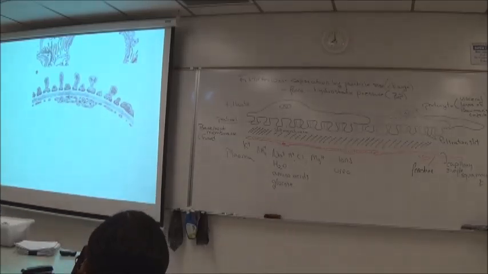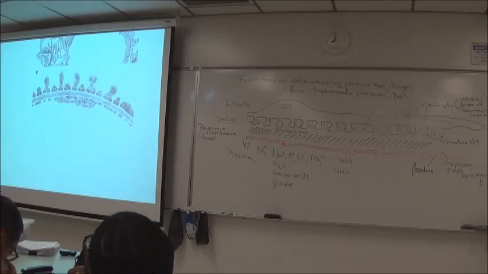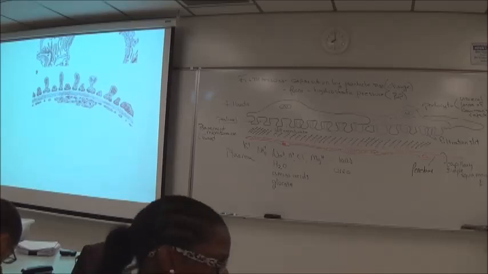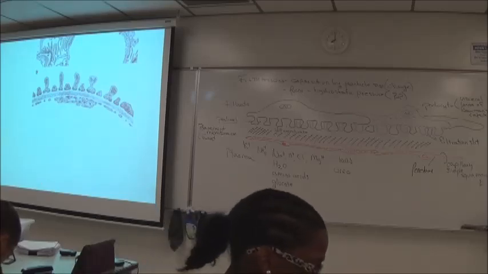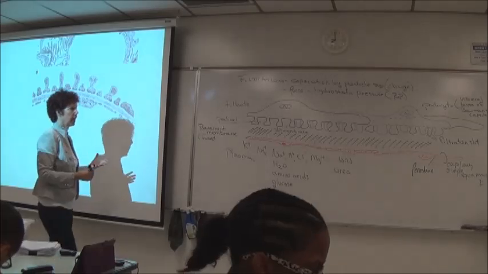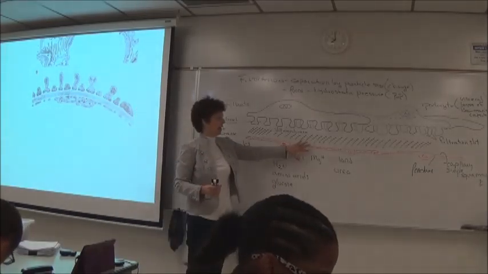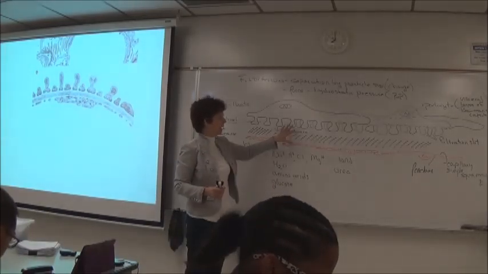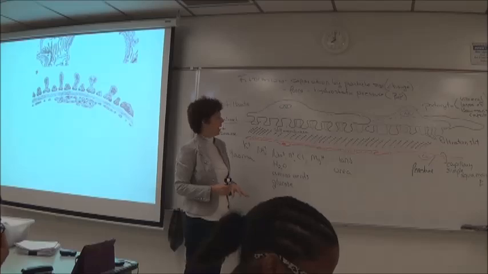There can be occasionally small proteins, but they're not a normal component of our filtrate or our urine. And if there are proteins in the filtrate or in the urine, it's usually due to damage of this filtration membrane. So high blood pressure can cause damage to the basement membrane or to the slit diaphragms.